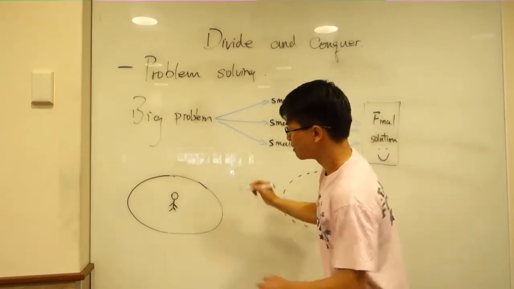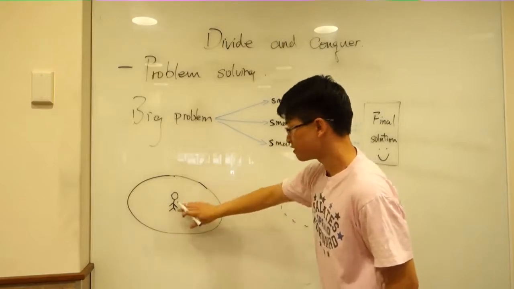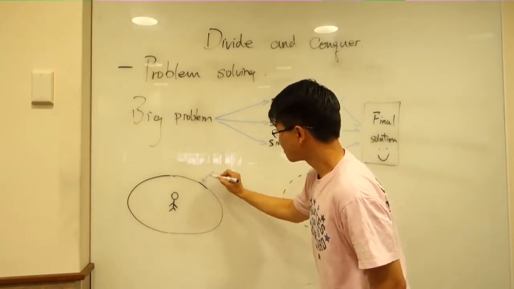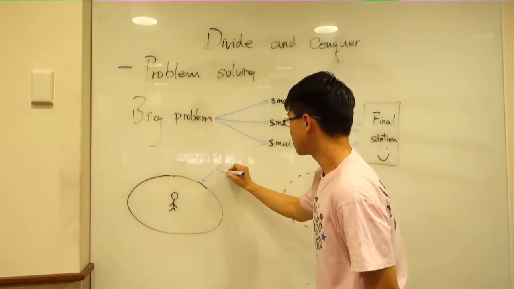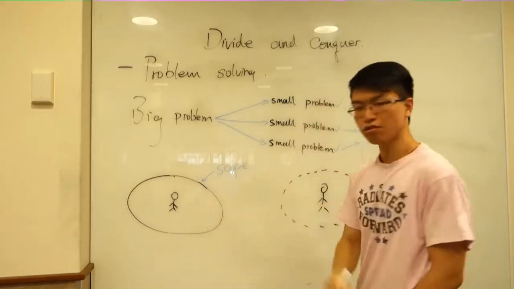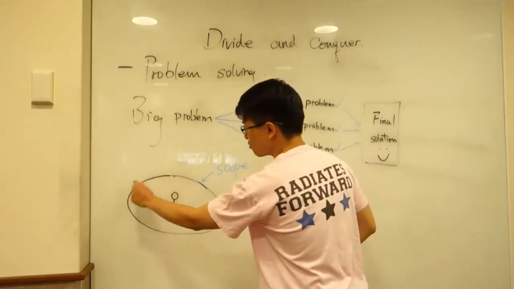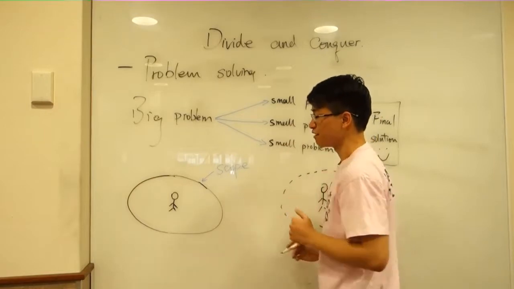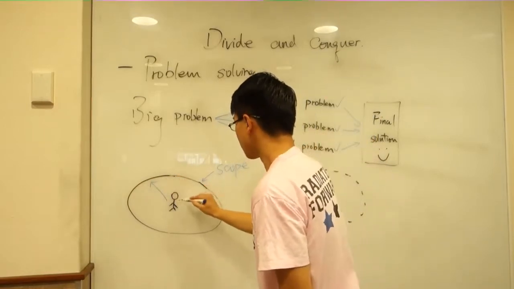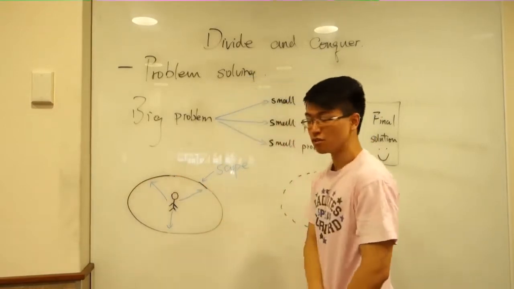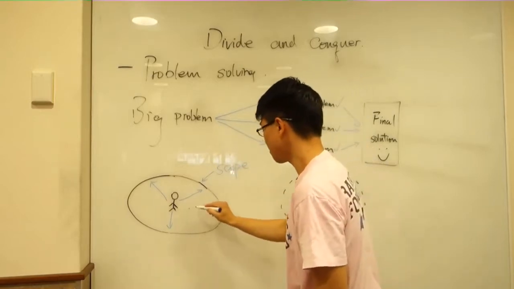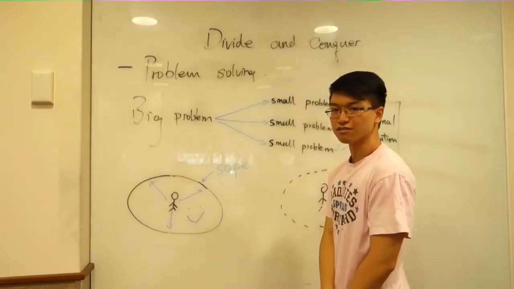For example, in this case, this is us, and this well-defined line, let's call it the scope of the problem. Since the scope of the problem is clear and well-defined, we will be able to look at the problem as a whole. We know the big picture. Therefore, we're happy. We know how to solve this.